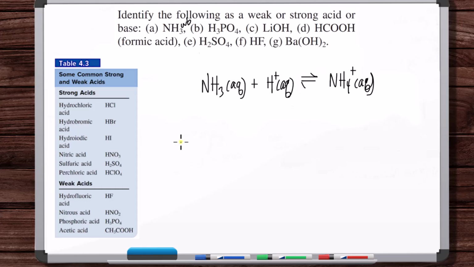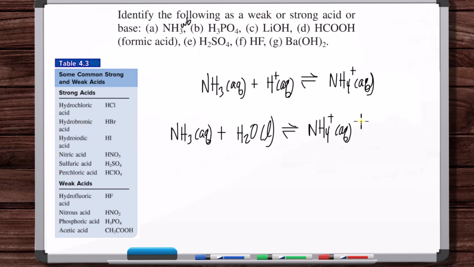So it can be more useful to write this dissolving process this way. You've got NH3 aqueous plus H2O liquid results in NH4+ plus OH-. You see, this is a little more realistic as far as what's happening.